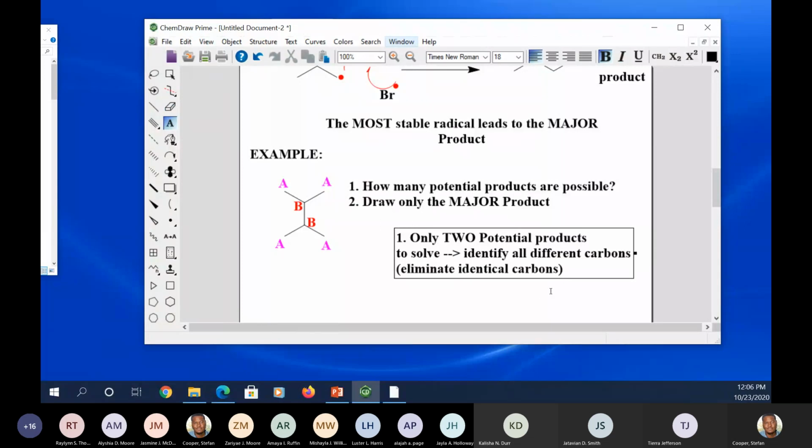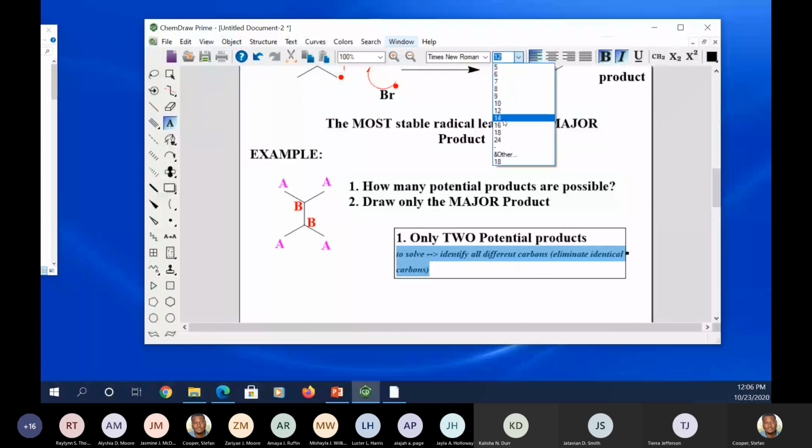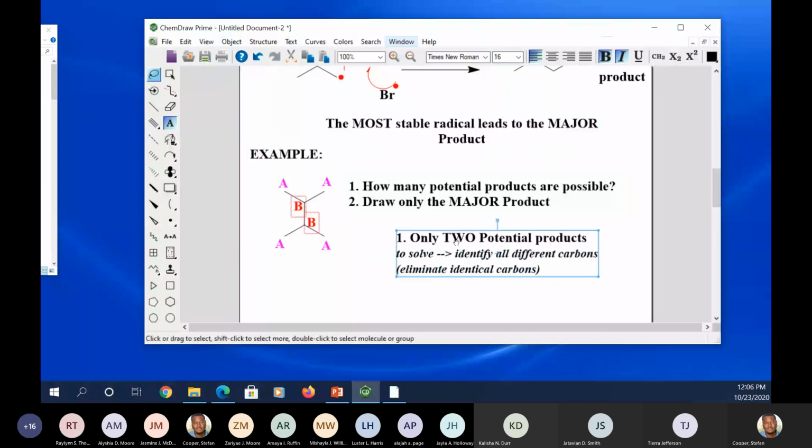So you want to identify all different types of carbons and eliminate any identical carbons. A are all identical and B are all identical, right? A has a total of 3 hydrogens and is attached to this central carbon that only has 1 hydrogen, and the same thing happens on the other side. Down here, 2 A's, 3 hydrogens, attached to this carbon that has only a central H. So that's how I know the number of potential products.